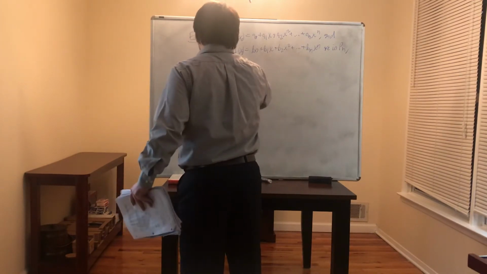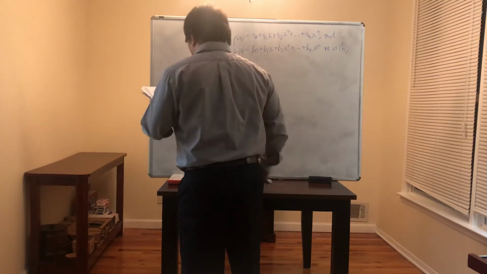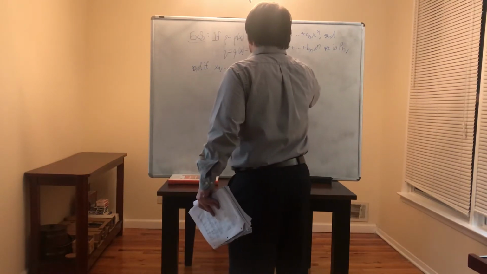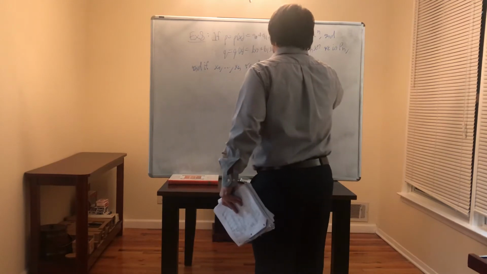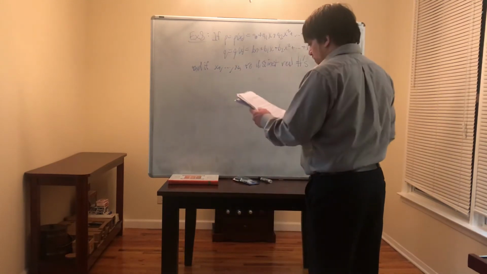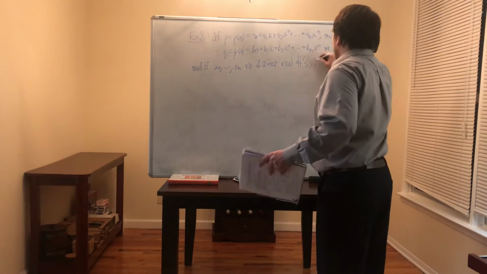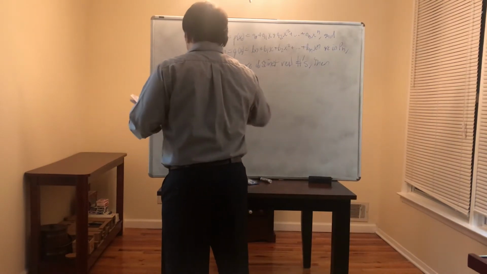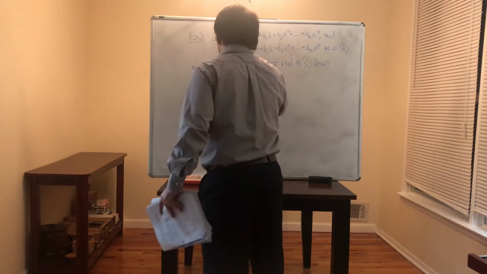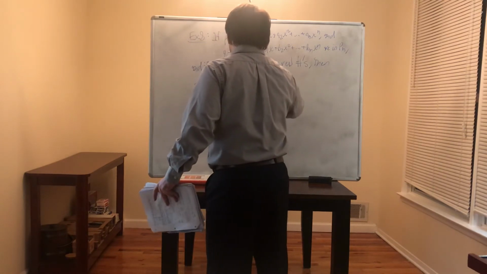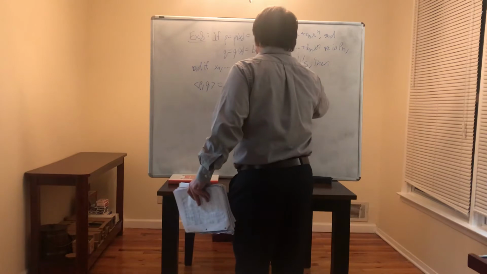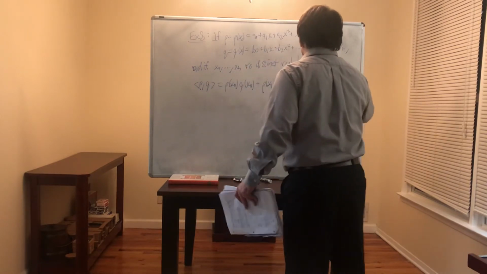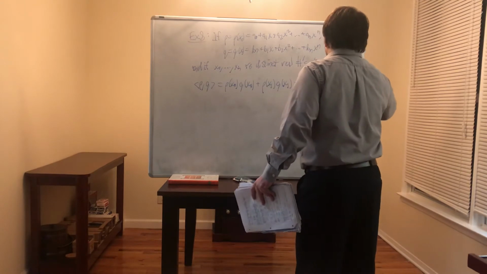x naught to xn are distinct real numbers, then the inner product of p and q is equal to p of x naught times q of x naught plus p of x1 times q of x1 plus dot dot dot plus p of xn times q of xn.